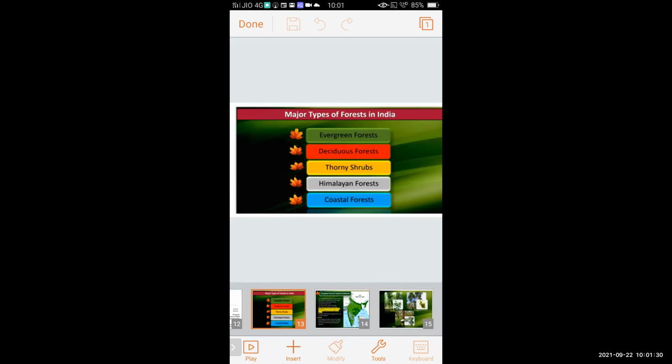These are the five major types of forests in India. Now, one by one, we will study each of the forests of India.